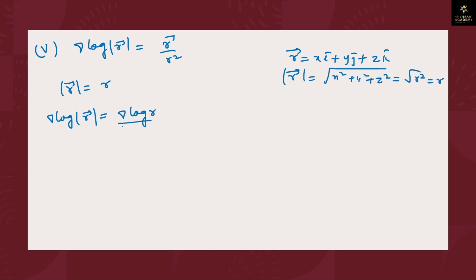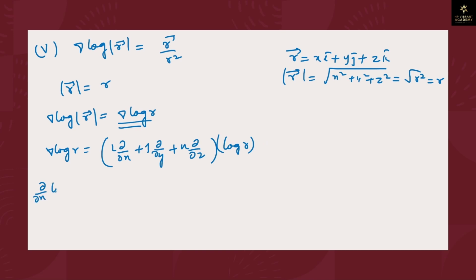Okay, so let us find del of log r. Del of log r is equal to i del upon del x plus j del upon del y plus k del upon del z of log r. Okay, so del upon del x of log r, how can we find this? We can write this as del upon del r of log r into del r upon del x. So this is equal to 1 upon r del r upon del x.